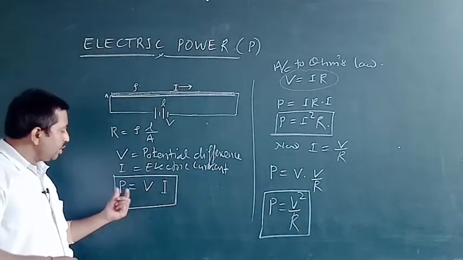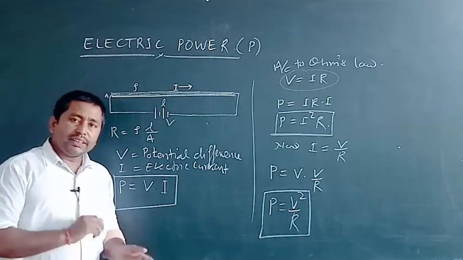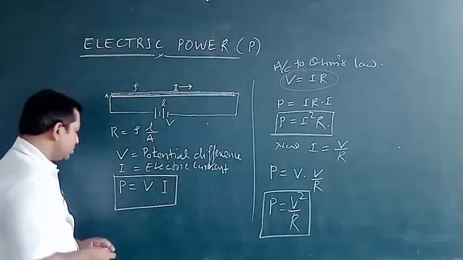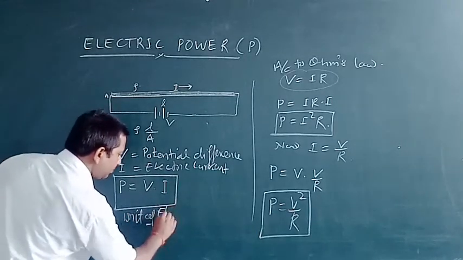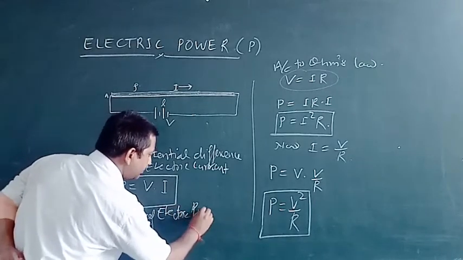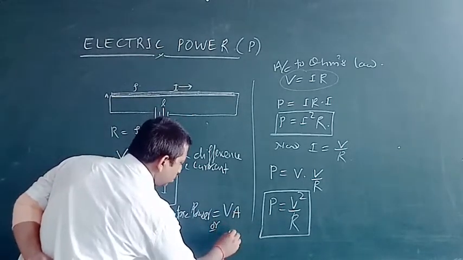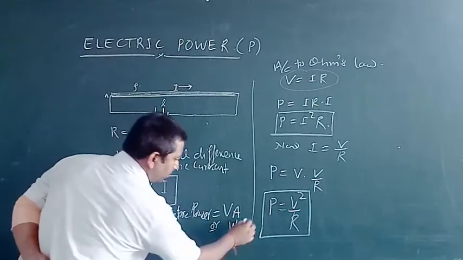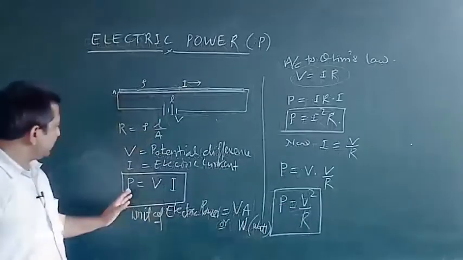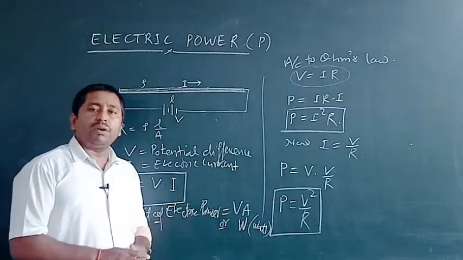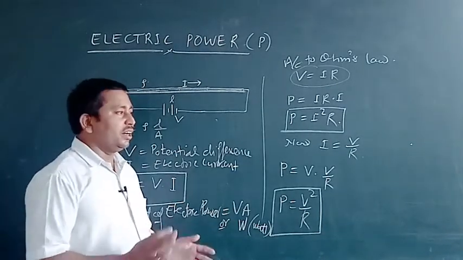So the unit of electric power is volt ampere, or it is also known as watt, represented by W. This unit watt is considered the unit of electric power in honor of the scientist James Watt, who made the first steam engine.